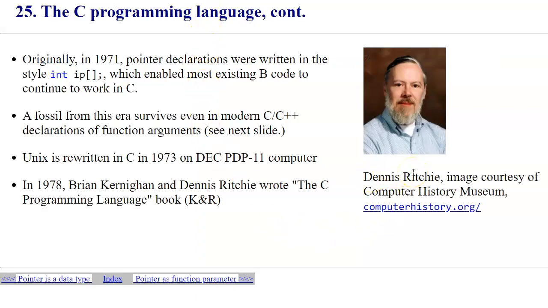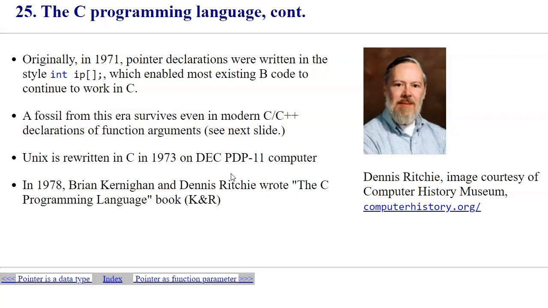Dennis Ritchie is the creator of the C programming language. It dates back to early 1970s, and most of the B syntax was preserved by C. One other significant event in the history of C is that the Unix operating system was rewritten in C in 1973, and ported Unix to the next model of Digital Equipment Corporation machines, PDP-11 model.